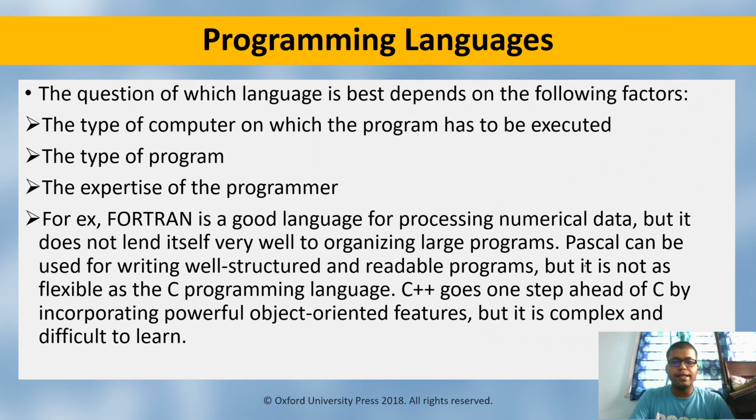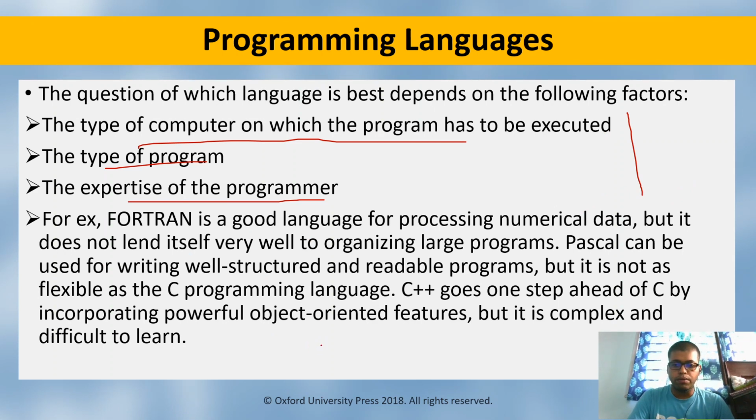Now the question is, which programming language is best? It depends on the following factors: the type of computer on which the program is executed, the type of program, and the expertise of the programmer. These are all important factors. Another factor is what type of problem we want to solve, and which programming language will be suitable for that particular problem.